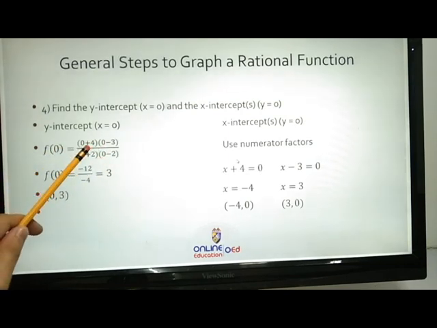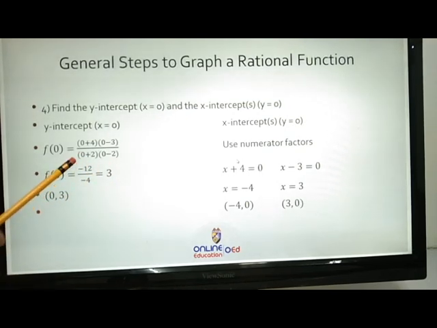So we have 4 times negative 3, negative 12. 2 times negative 2 is negative 4. Negative 12 over negative 4 is positive 3. So the y-intercept for the given rational function is 0, 3: 0 ang x, and 3 ang y.